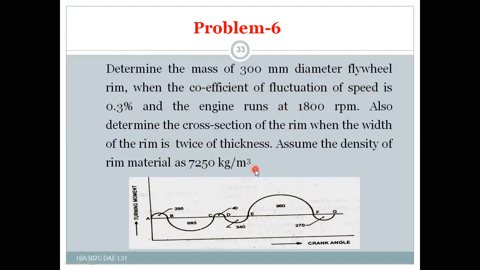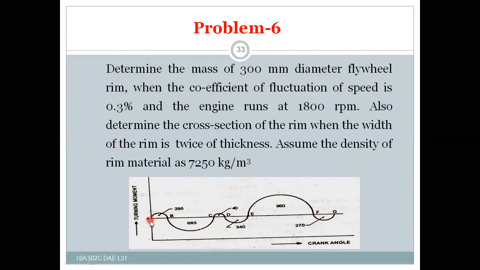So here the various distribution of energy about the mean torque line for the turning moment diagram is given for us. That is, 295 and 685, and 40 mm square and 340 mm square, 960 mm square and 270 mm square.